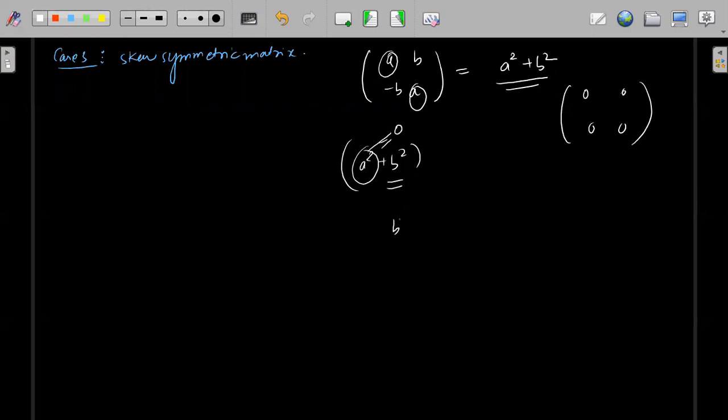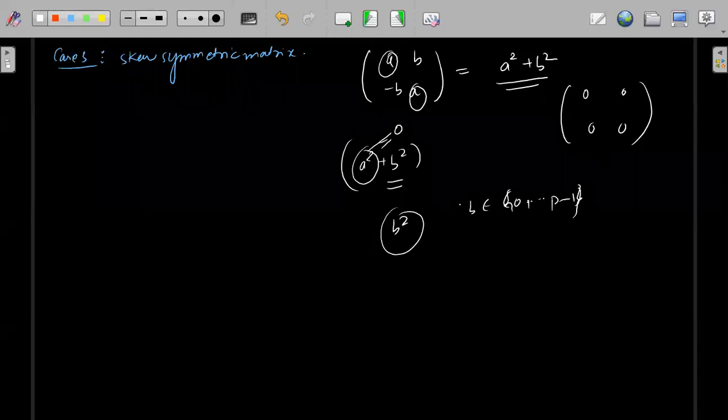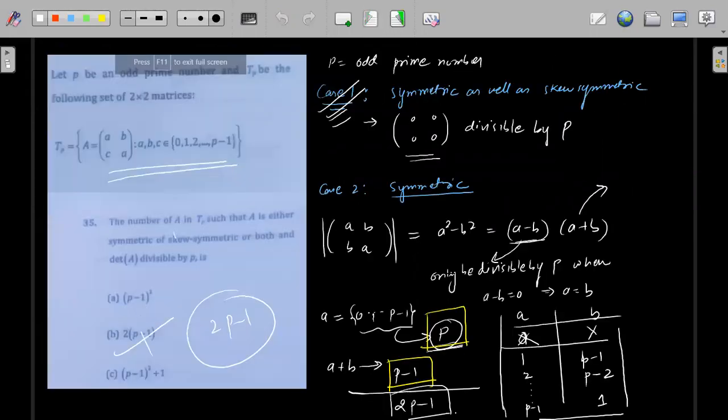So b square cannot be divisible by p, there will be no b such that this will be divisible by p, because the value of b belongs to only 0 to p minus 1. So only one case is possible in this also, which is the form 0 0 0 0, and this case has already been counted in the second case.